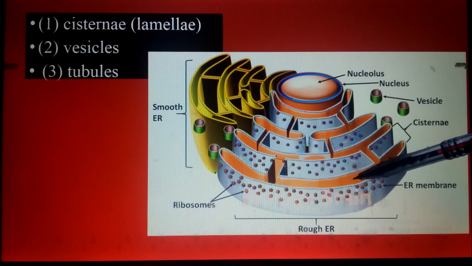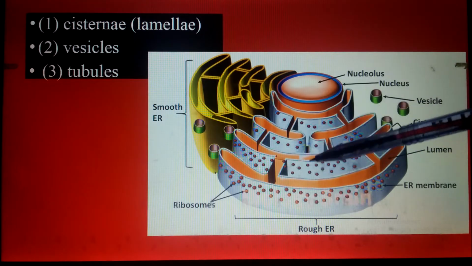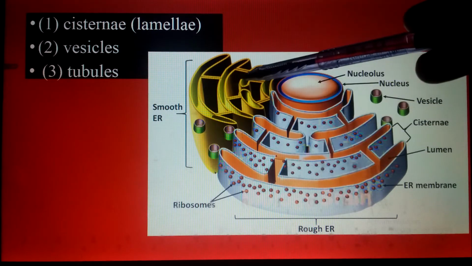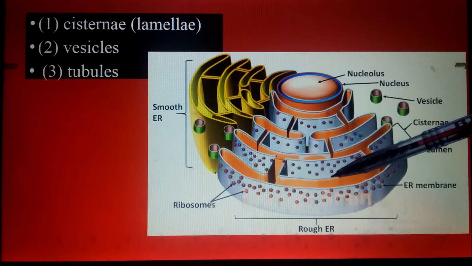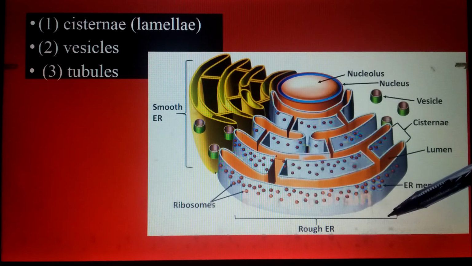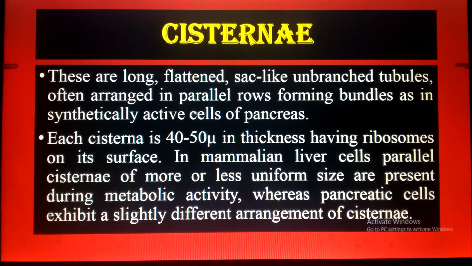And inside this lumen, you can see this is the lumen. These are the cisternae which are covered with ribosomes, and these are lacking ribosomes. So this is the smooth type, this is the rough type. Is it clear?